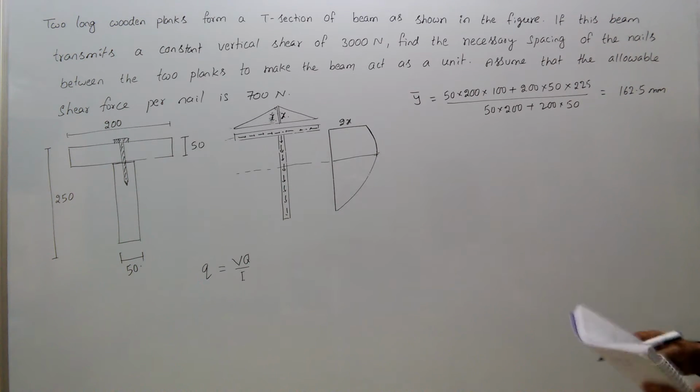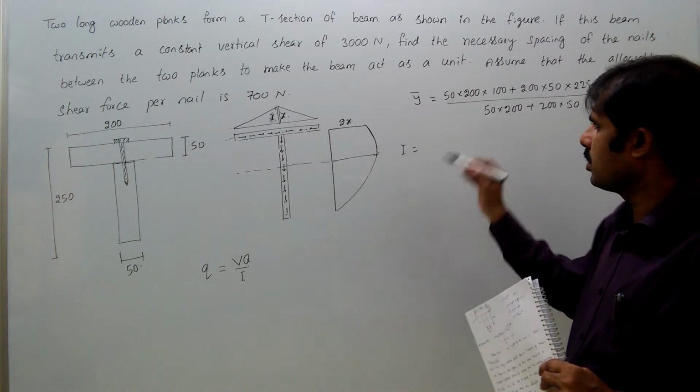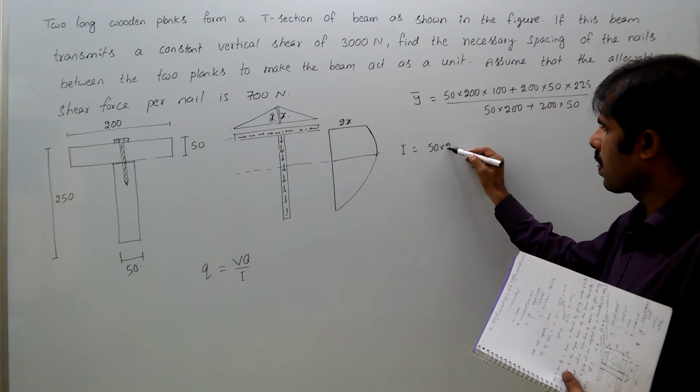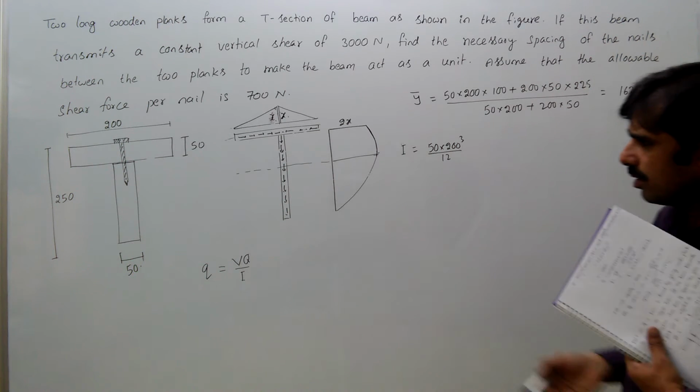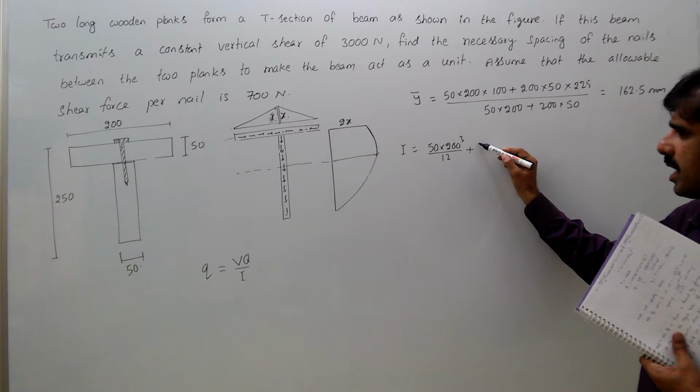Now moment of inertia for this T section, I equal to bd cube by 12 for the web, that is 50 into 200 cube by 12. This is self moment of inertia of the web, plus according to the parallel axis theorem, area and distance square.